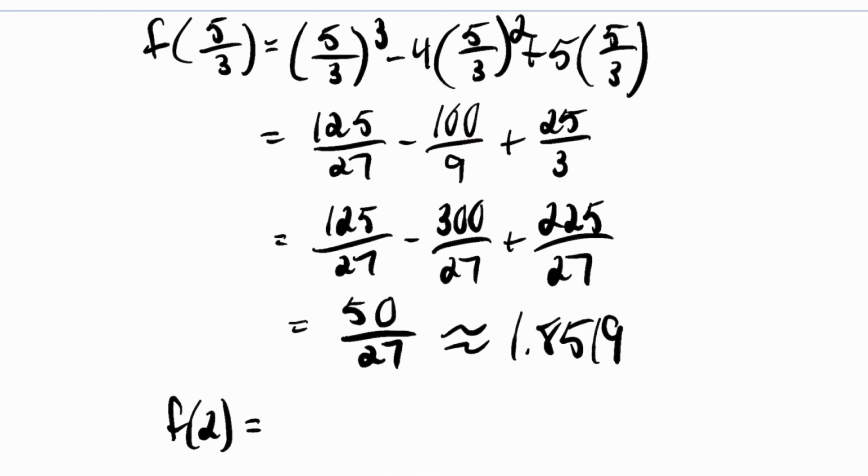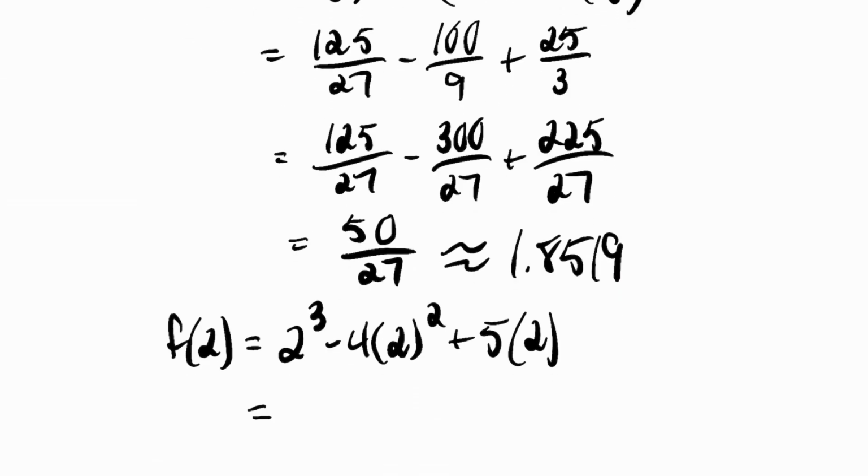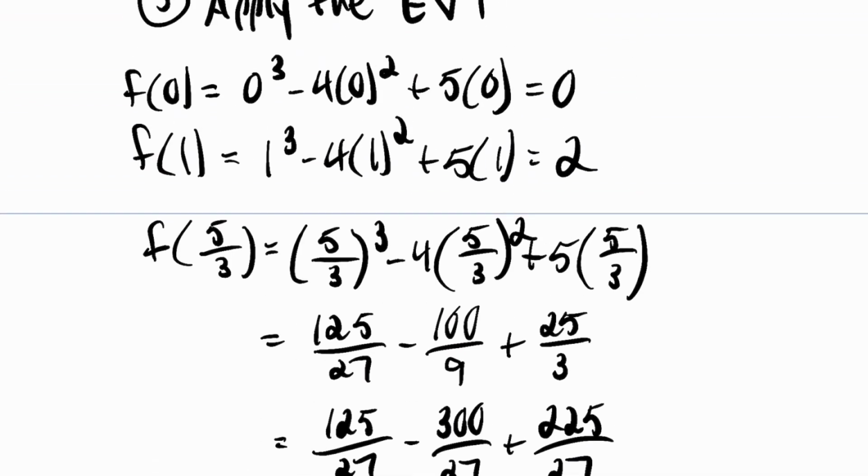So f of 2, that's going to be 2 cubed minus 4 times 2 squared plus 5 times 2. So that's going to be 8 minus 16 plus 10. All right? And that's also going to be 2. So when x is 2, the output is 2. When x is 1, the output is 2.